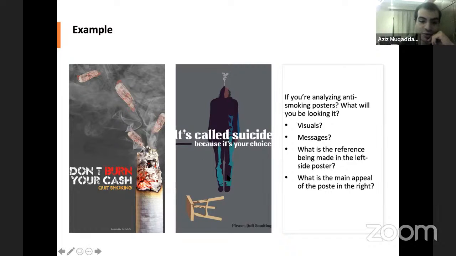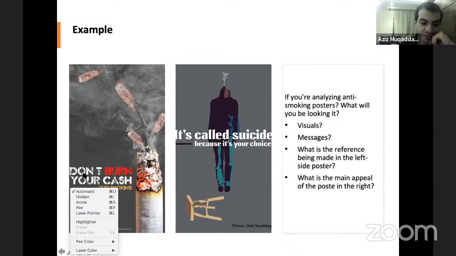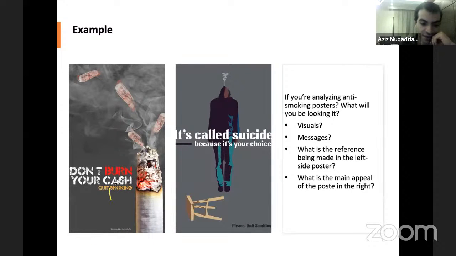So look at these two posters. Let's start with this one. What is it referring to? What's the reference being used in this one on the left?